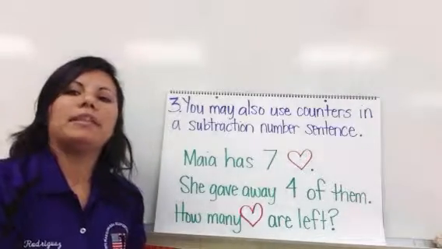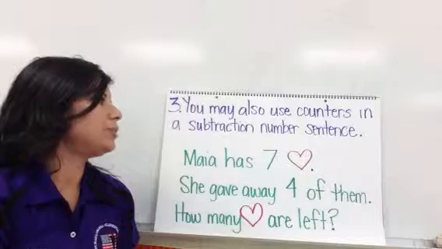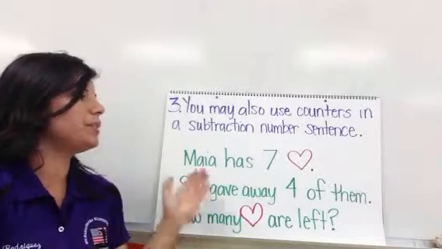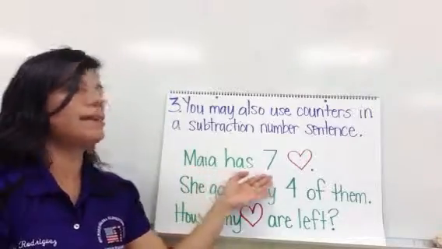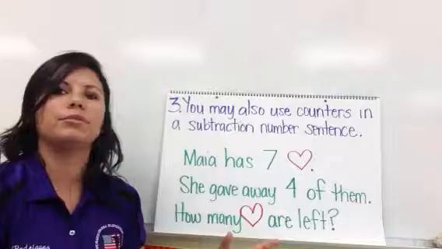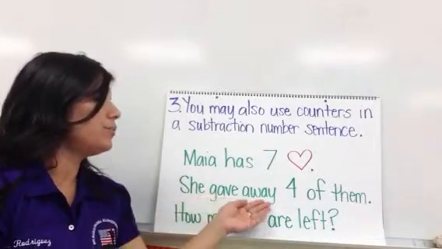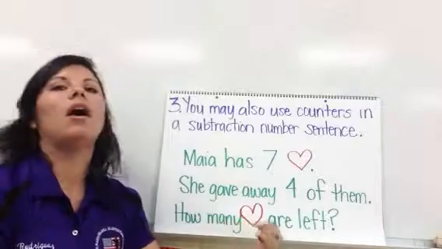The third method states, you may also use counters in a subtraction number sentence. So this would be the example of your counter. It states, Maya has 7 hearts. This would be the picture, the counter that you would use for subtraction. She gave away 4 of her hearts. How many hearts are left?